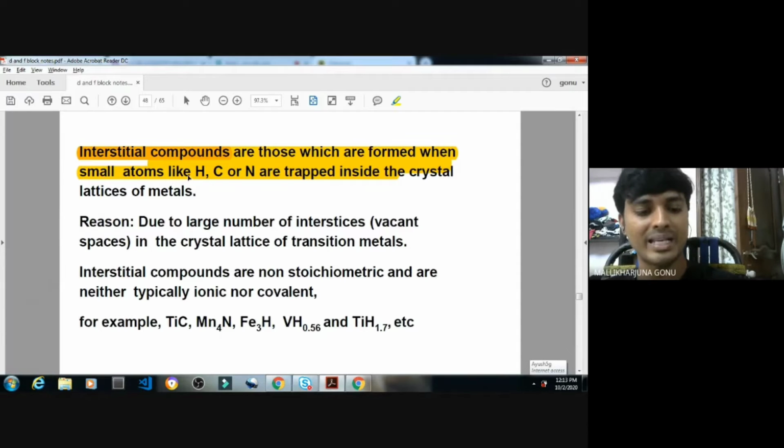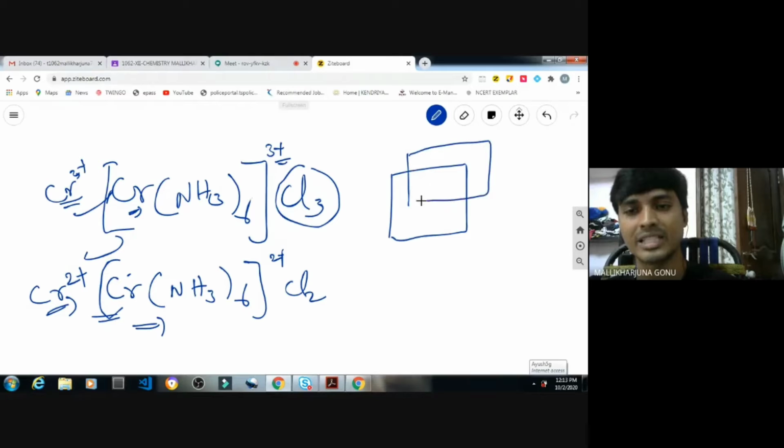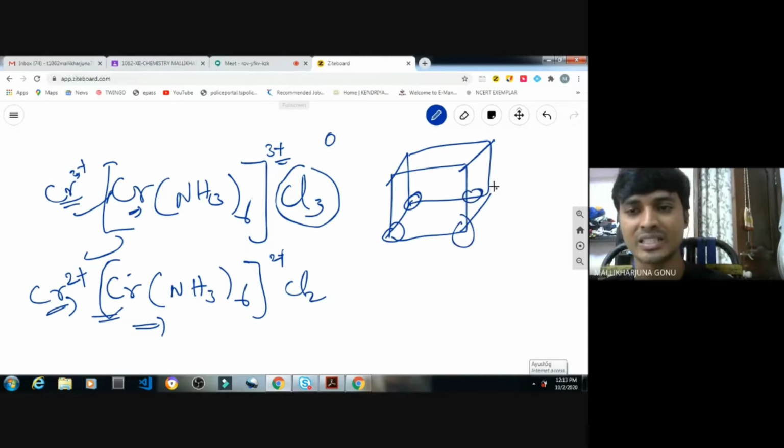For example, take the crystal of manganese. This type of element has this type of space. Nitrogen, hydrogen, and carbon are smaller elements, so those can come and sit between the atoms. We know structures like BCC, body centered, where one atom will be in the center.